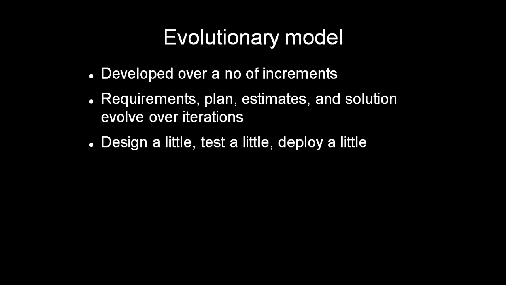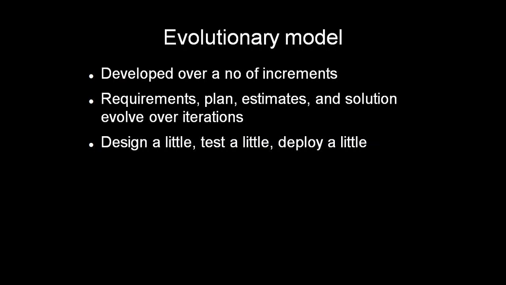So it is a rough requirement specification at the initial stage, and we develop based on the rough requirement specification. Later on, additional requirements can be added by the customer in the case of the evolutionary model. But in the case of the incremental model, we cannot add any new requirements. Here, new requirements can be added in successive versions. So that is the difference between the evolutionary and incremental model.